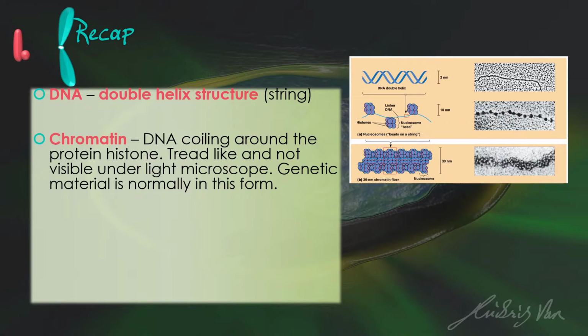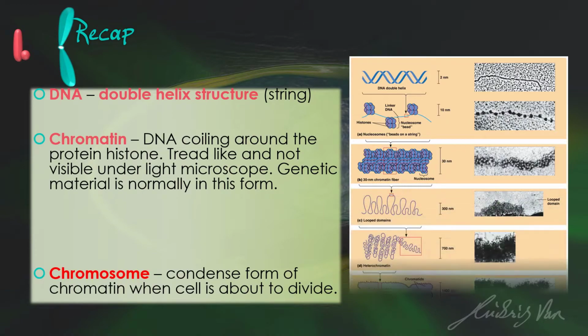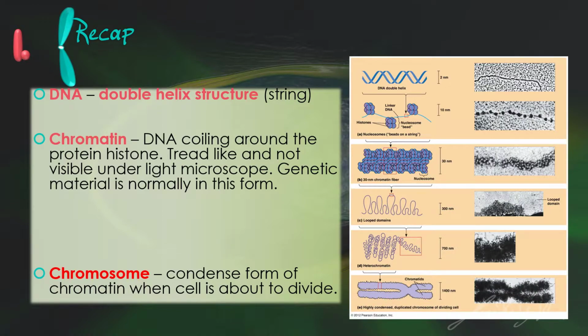But when the cell is about to divide, they will condense to form chromosomes. And these chromosomes that you see down here are visible under a light microscope.